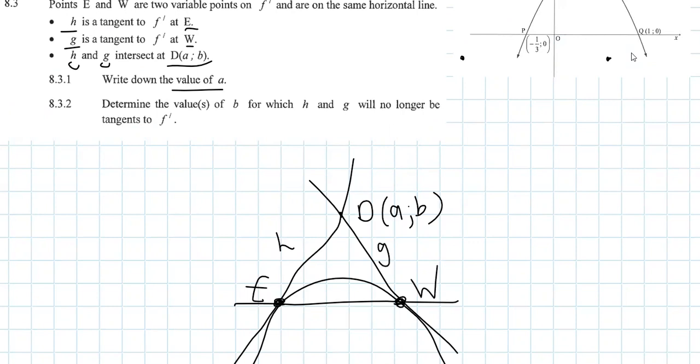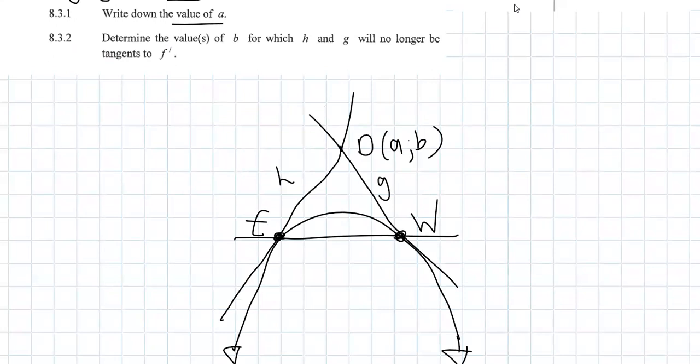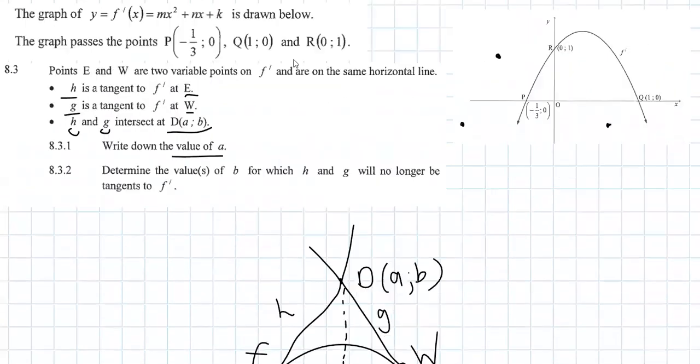Okay, that's the line, there's two tangents. My question says, write down the value of A. Well, in order for this to be true, our E and W points would have to meet, our A is going to be directly in the middle of E and W. And if we look at that point, it's going to be on our axis of symmetry here.